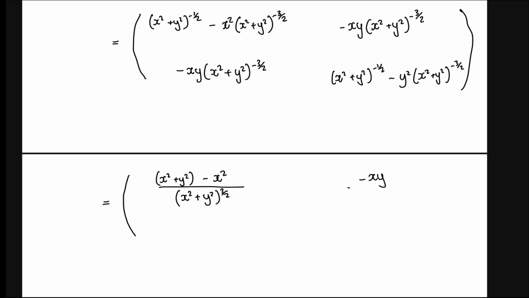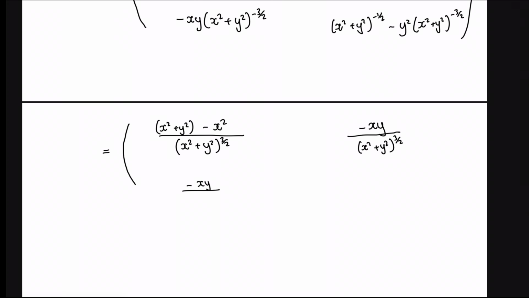And over here, we just get minus xy, and (x squared plus y squared) to the power of 3 over 2 underneath. Same thing over here. Over here, to make (x squared plus y squared) to the power of 3 over 2 the common denominator, we need to times this first part by x squared plus y squared, and the minus y squared stays the same.